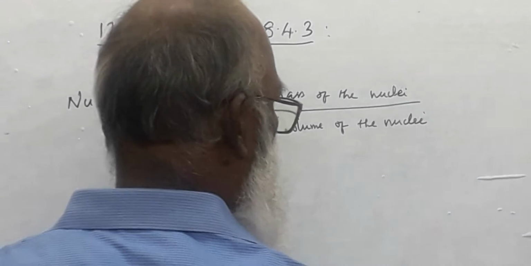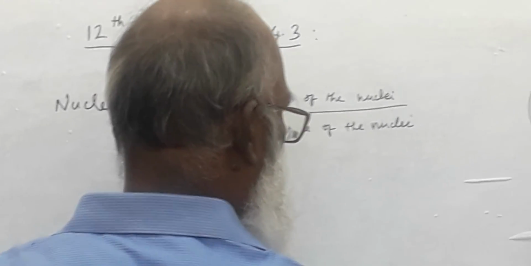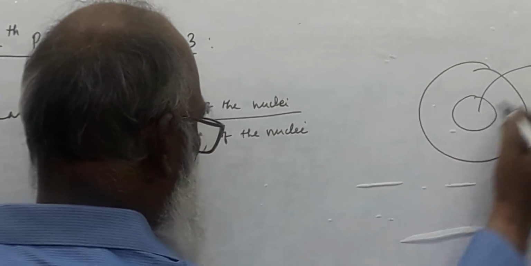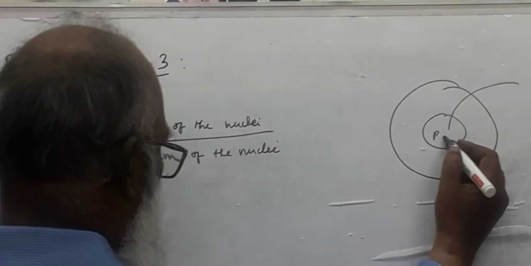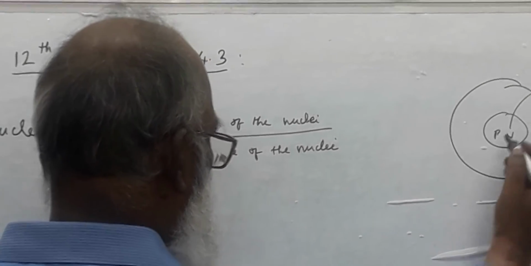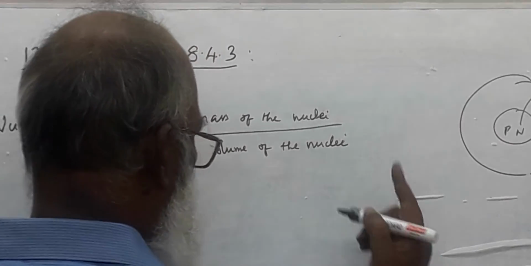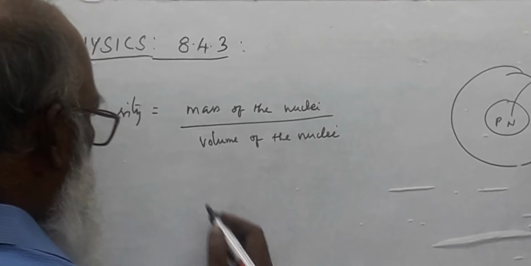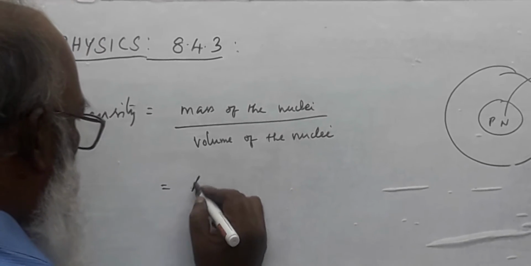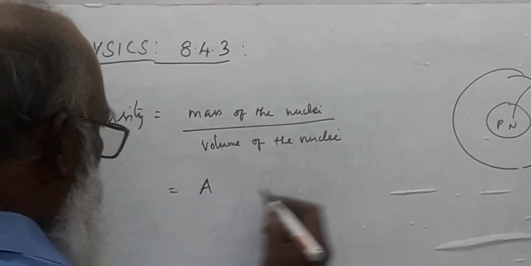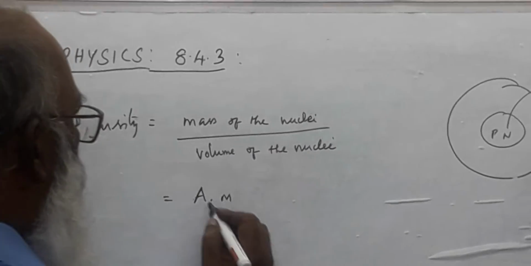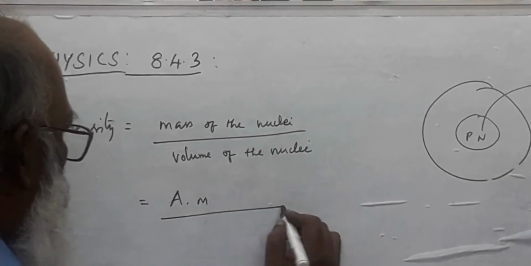Suppose you consider an atom. Here there may be A particles, either proton or neutron, whatever it may be, and the mass of one particle is said to be m. Therefore, A particles are available here, so A into m is called the mass of the nuclei.